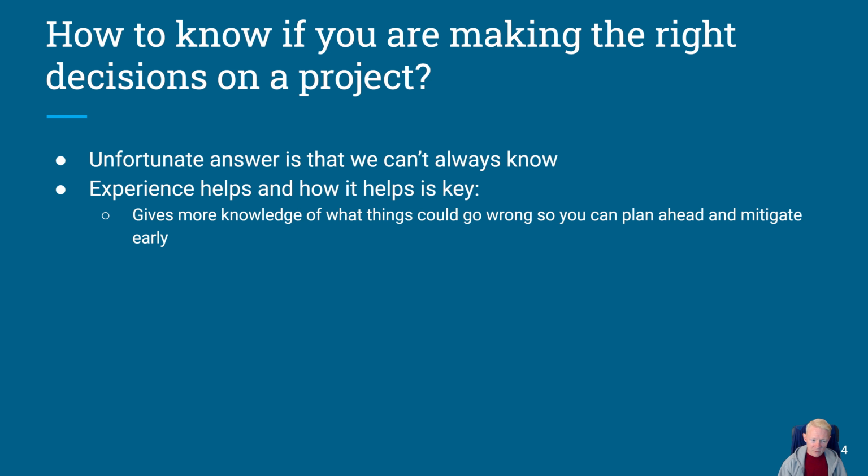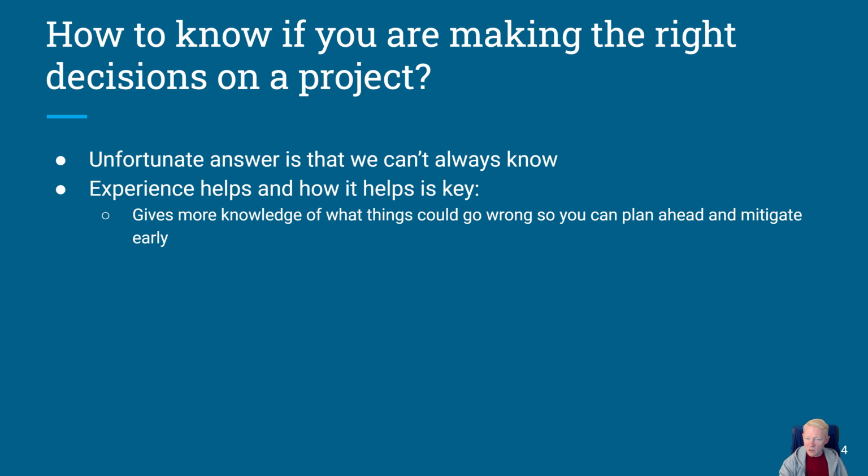It gives you more knowledge of what things could go wrong so you can plan ahead and mitigate early. So the way to work with that, if you're doing this in a newer area or are not as experienced, is to take the time and think about, okay, what ways could this go wrong?